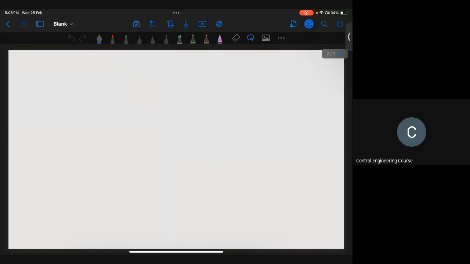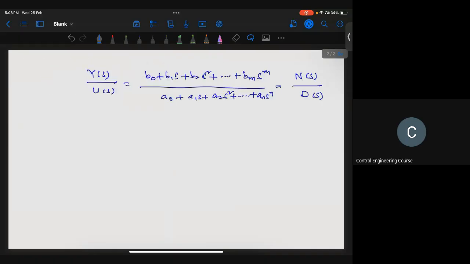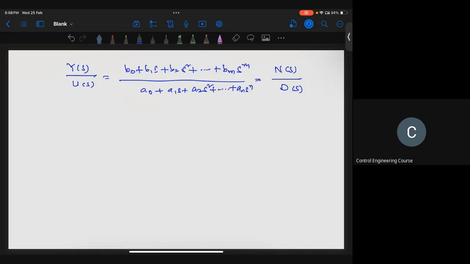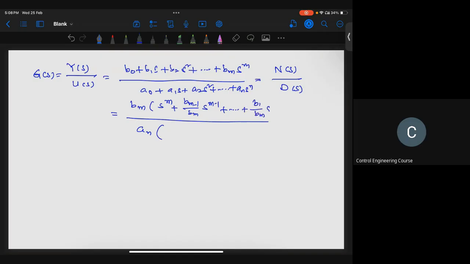If you have any doubt in the middle, you can always ask me. Let me call this G(s). Now if you take bm common in the numerator and an common in the denominator, you get sᵐ plus b(m-1)/bm sᵐ⁻¹ plus etc. plus b1/bm s plus b0/bm, correct?